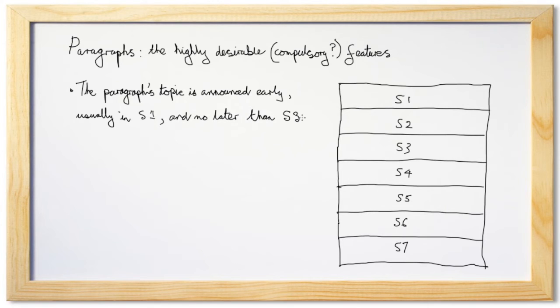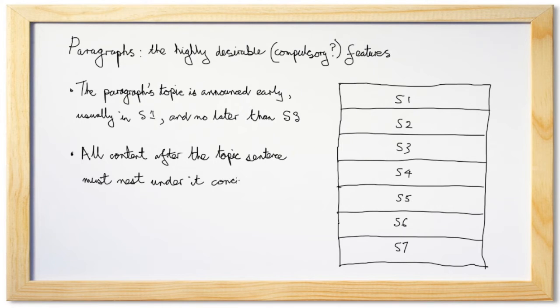Secondly, all the content that is presented after the topic sentence must nest underneath it. Well, this is sort of like defining what it means to have a topic in the first place, but many people aren't sure about the idea of a topic sentence, so it's useful to state it explicitly.